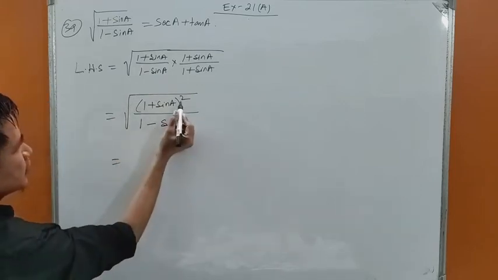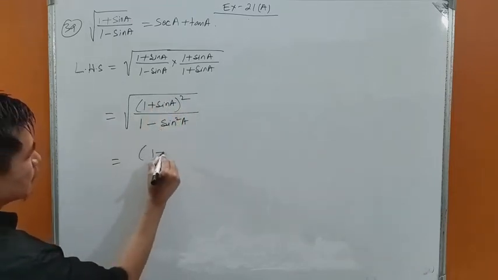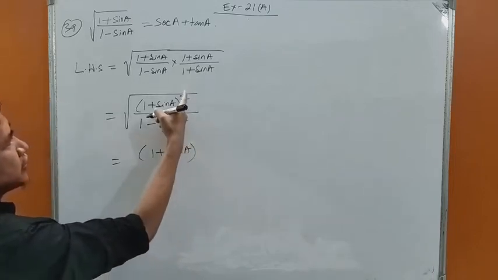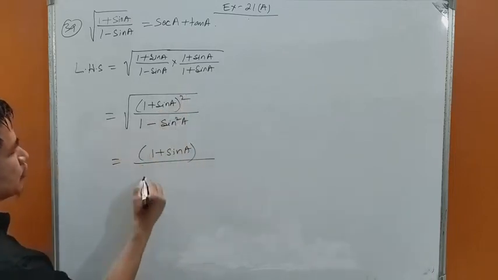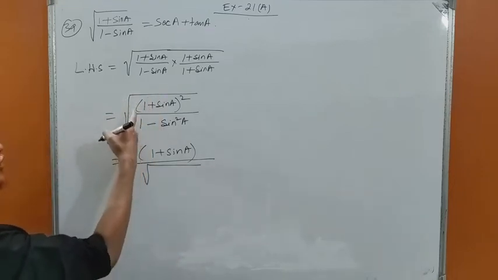Now this square and this root can be freed. So 1 plus sin A remains in the numerator. This square and this root can be cancelled, but in the denominator we have root. This root was for both the numerator and denominator.